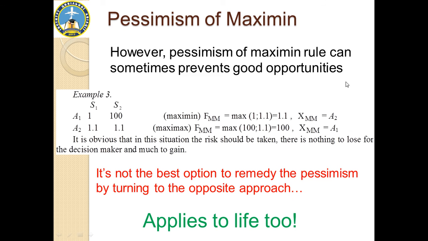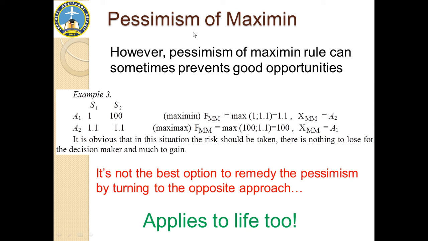But it's not the best option to remedy the pessimism by turning to the opposite approach. It's also true in life. You don't remedy your pessimism by turning to absolute optimism. So you still have to weigh your decisions.